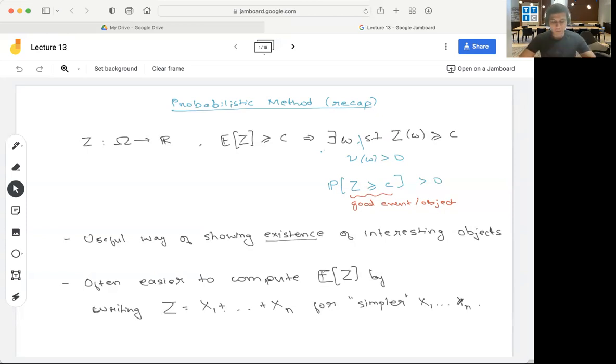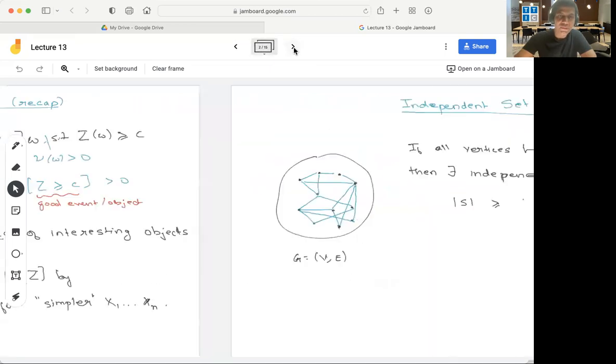So we'll see another example of the same phenomenon right now, and you'll also see an example in the next homework. This trick of writing it as a sum of simpler random variables is something we'll pretty much be doing all the time when we work with any kinds of interesting random variables. So we will see it in a lot of settings.